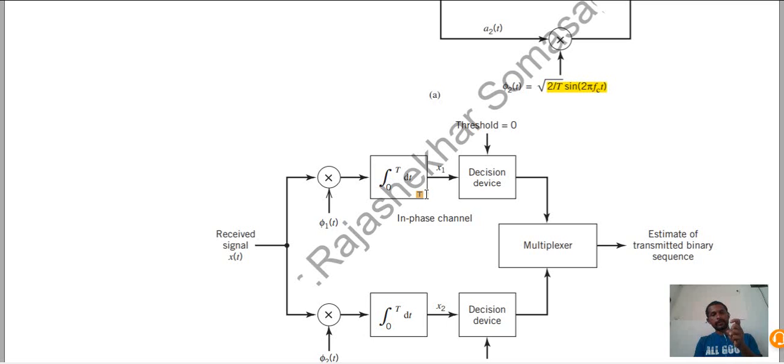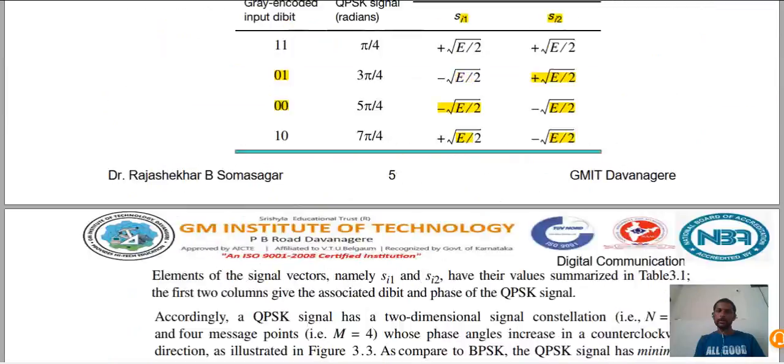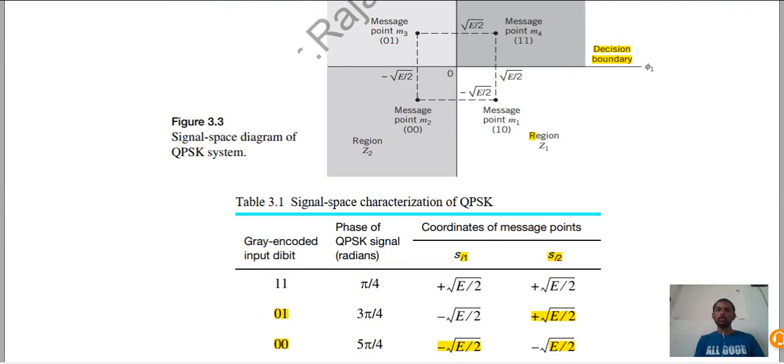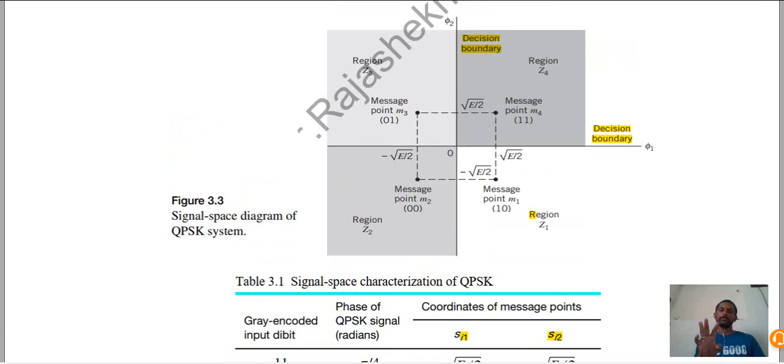We can also say x1 is a random variable of the transmitted first symbol, and x2 is the second symbol. Here we have observed in the constellation diagram that it has two dimensions, four message points and two decision boundaries.